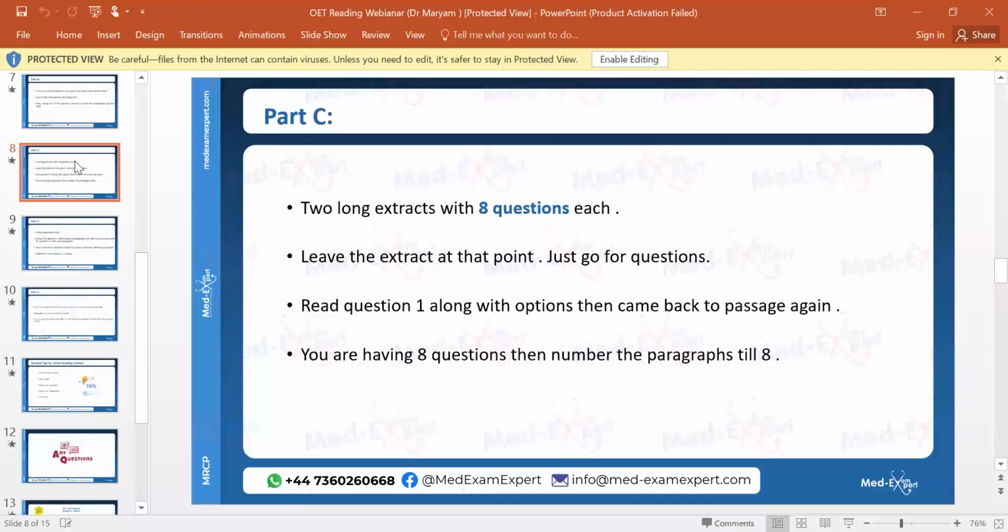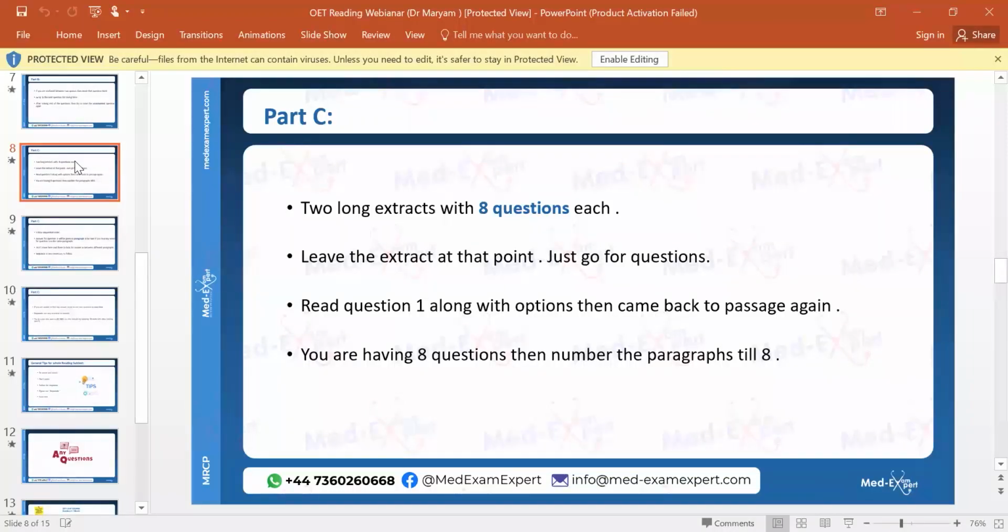Both in listening and reading, they follow the sequential trend. Everything which is asked is in a sequence. So in question number 1, they will ask you whatever is written in paragraph number 1. You don't have to move back and forth to find the answer.